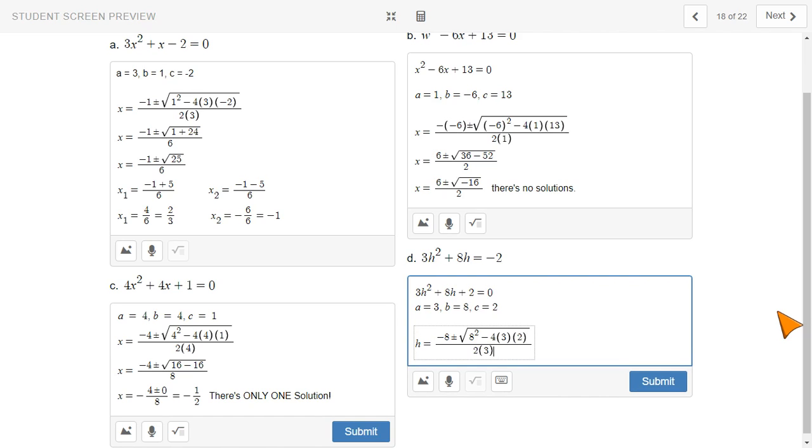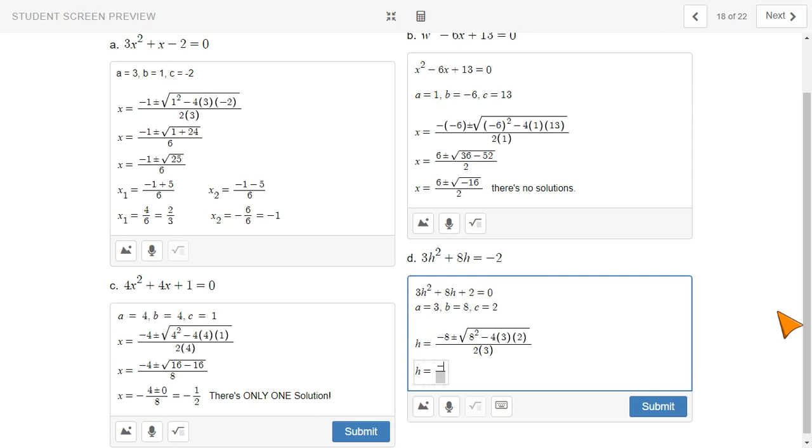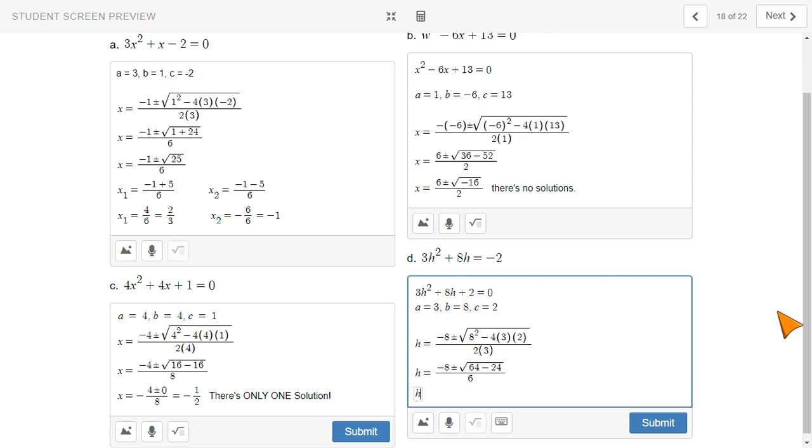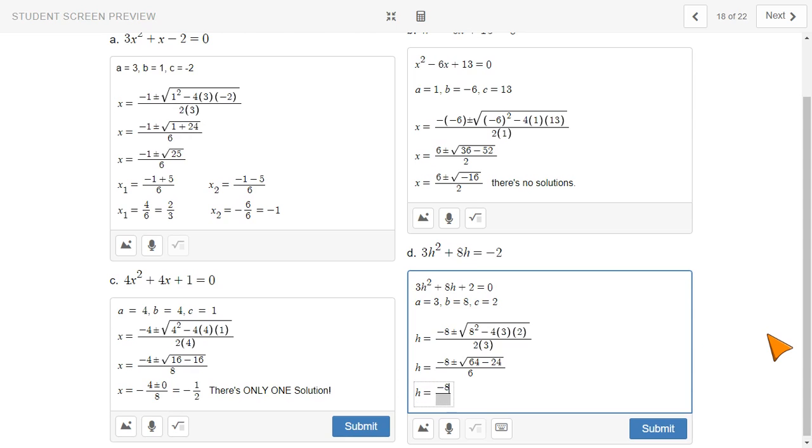This is all over 2 times 3. So we have h is equal to negative 8 plus or minus the square root of 64 minus 24, all over 6. Let's continue to simplify. Negative 8 plus or minus the square root of 40, over 6.